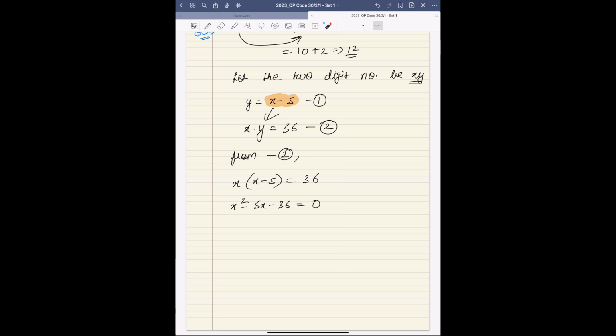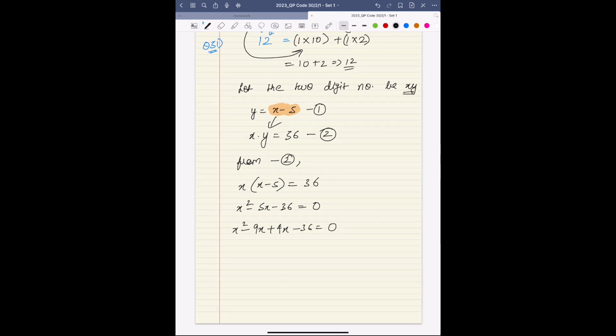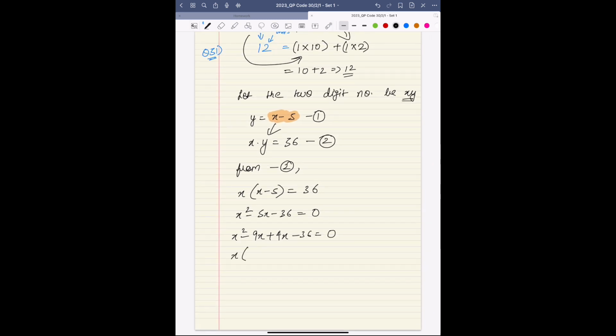So the factor which you can break this into factors. The first way is 9 and 4, right? So you can break it into minus 9x plus 4x minus 36 is equals to 0. So x minus 9 plus 4 x minus 9 is equal to 0.